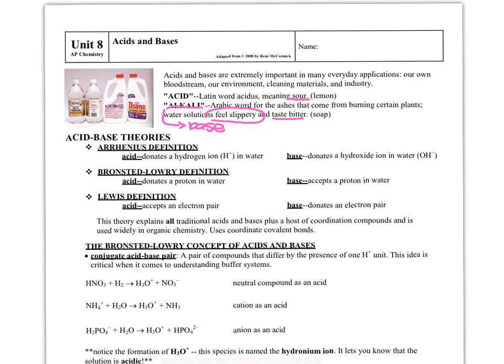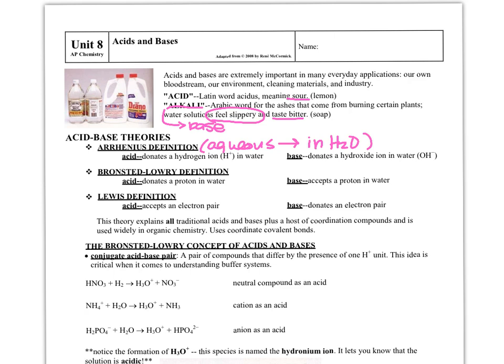All right, so acid-base theories. There are some different types of acid-base theories or definitions. The simplest definition is the Arrhenius definition. In the Arrhenius definition, we basically take an aqueous solution. Remember, aqueous means we put the acid in water. So we are talking about what happens when we put the acid in water.